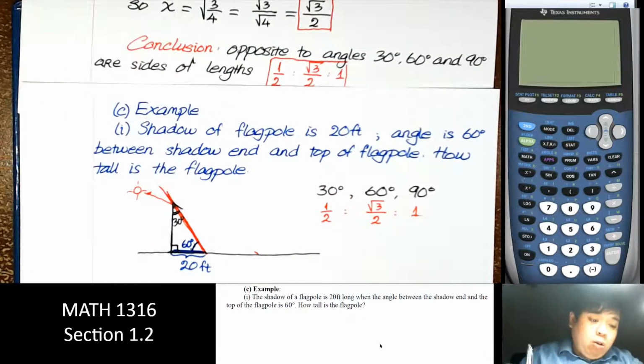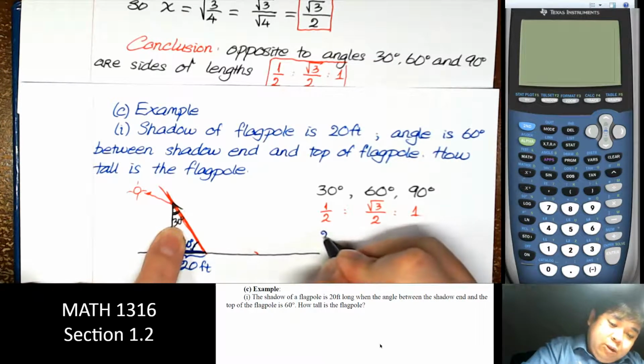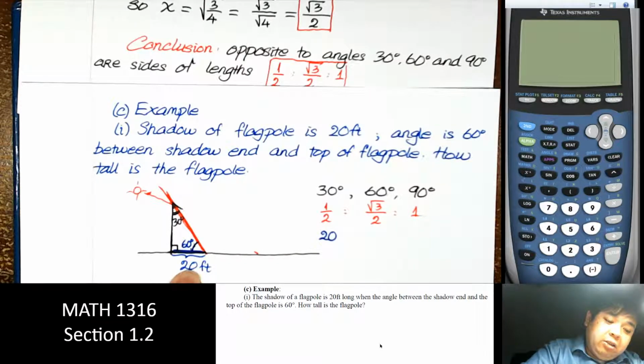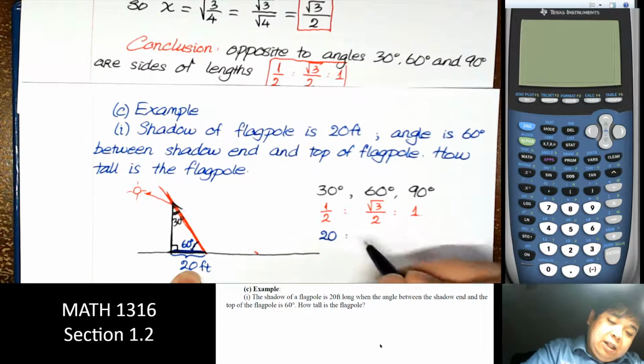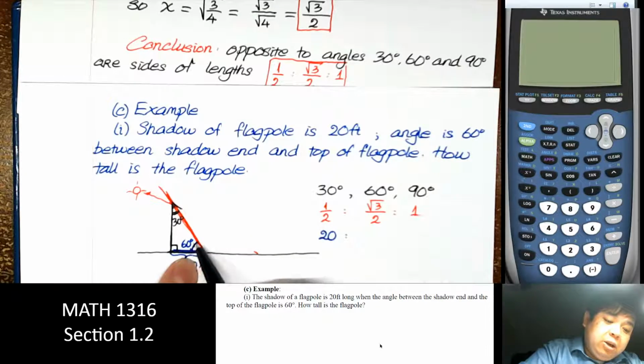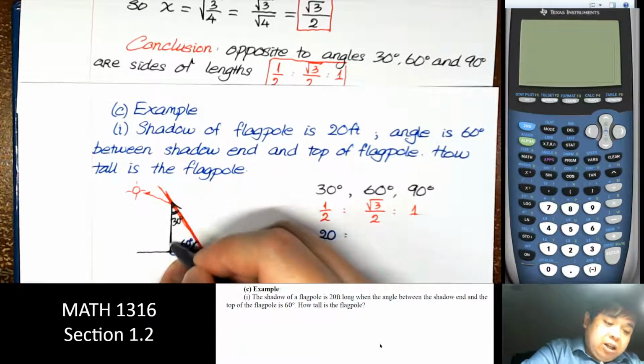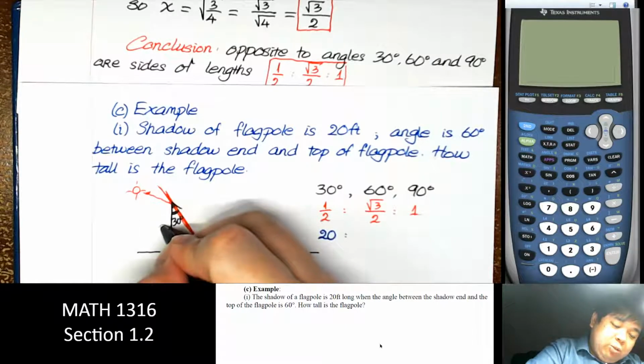Now, in our problem, 20 feet is opposite to the 30 degrees. And opposite to 60 degrees is the height of the flagpole. So that will be x.